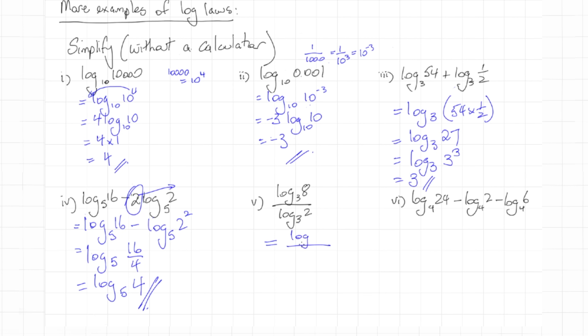So that'll be log to base 3 of 2 to what power? Well, that's 3. 2 to the power of 3 is 8, over log of 2 to base 3. Now that 3 can come out the front. So that's 3 log 2 to the base 3 over log 2 to base 3.